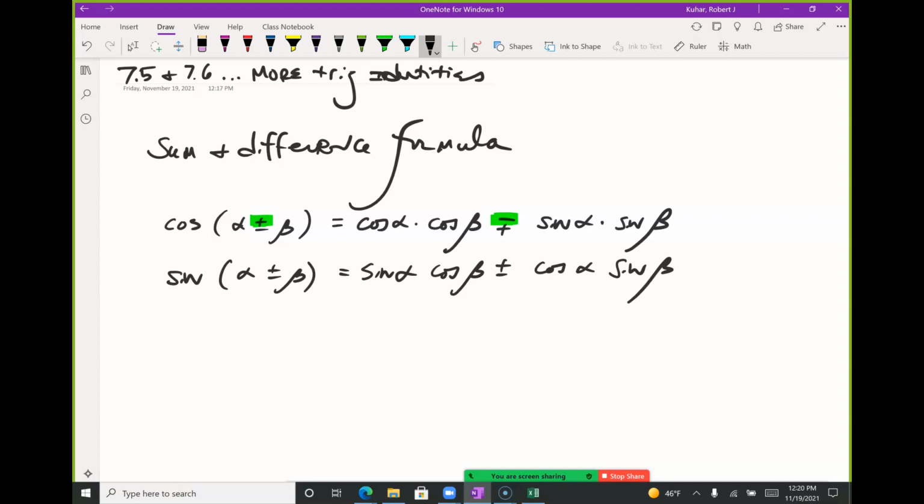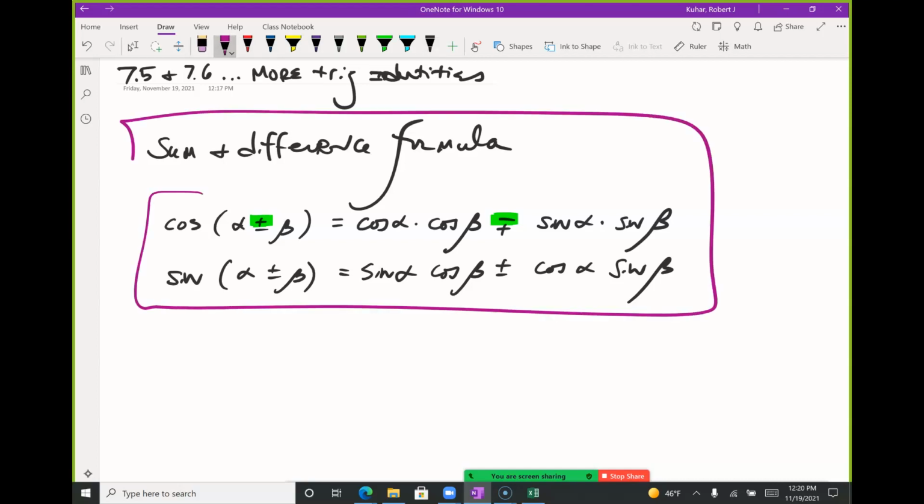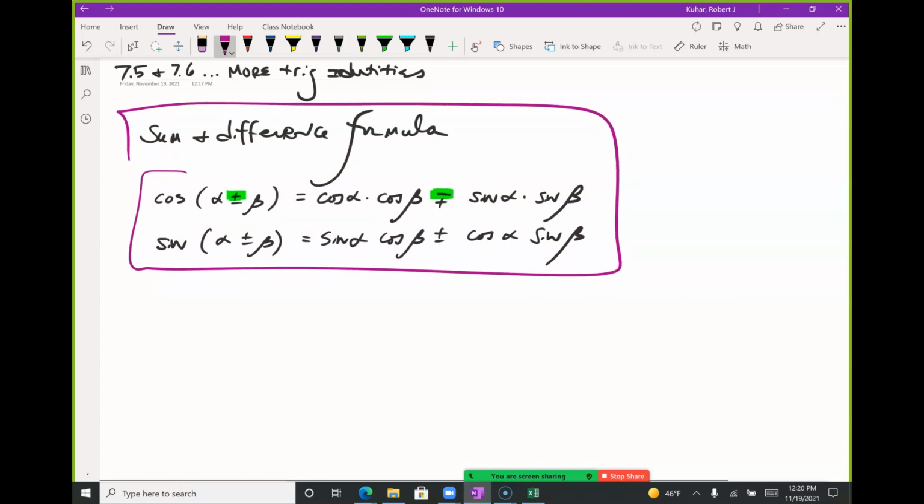So in this one, I can really see that I don't switch the signs. On the first one, I switch the signs. On the second one, whatever sign I use on the left, I use on the right. So that's our next set of identities on our formula sheet. And let's see how we would possibly use it.